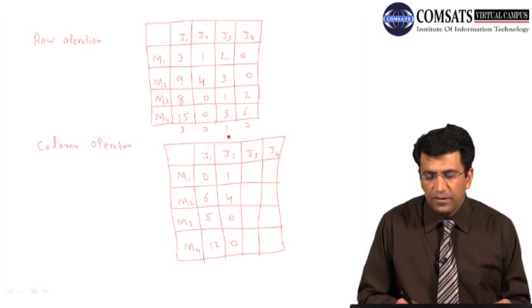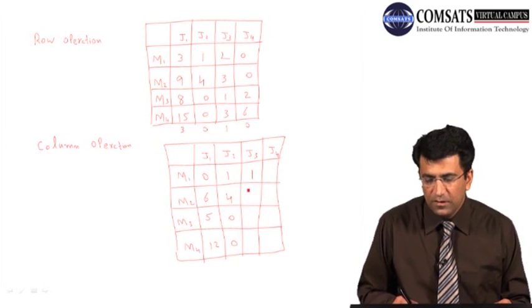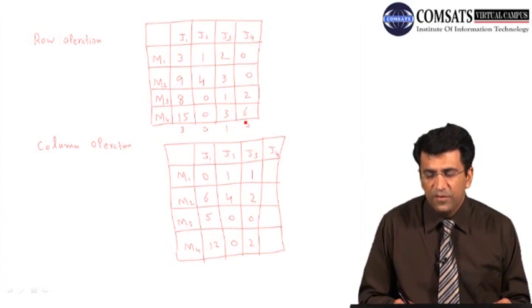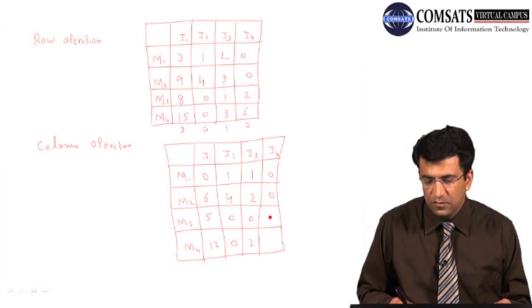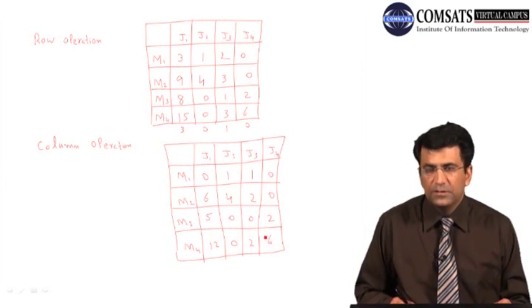So let's subtract 1 from the third column. 2 minus 1 becomes 1, 3 minus 1 is 2, 1 minus 1 is 0, and 3 minus 1 is 2. In the fourth column the minimum value is again 0, so we will subtract this 0 from all the values of the fourth column, so it will remain the same, 0, 0, 2 and 6.